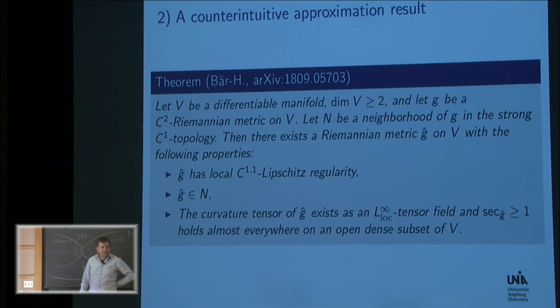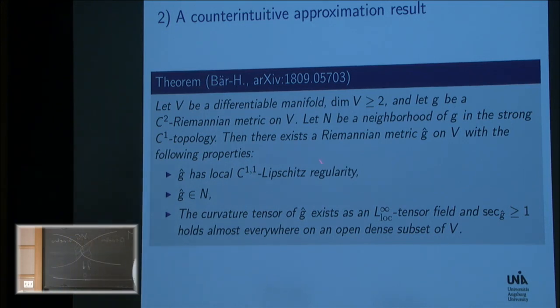And now let me pass to a constructive side. I would like to discuss the following fairly general approximation theorem. So we start with a differentiable manifold, V, together with a C2 Riemannian metric. It need not be complete, just some Riemannian metric.